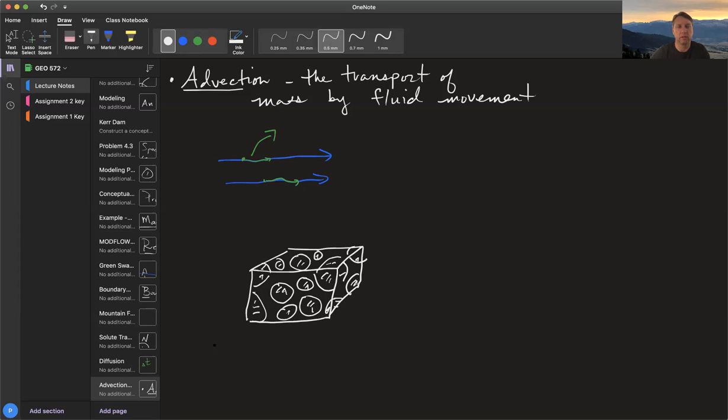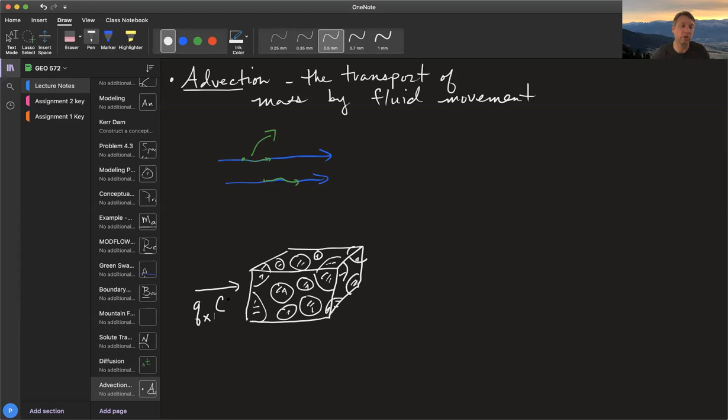Okay, so let's consider flux in the x direction. We've got groundwater flow coming in, Q sub x, and it's coming in at some concentration, C.